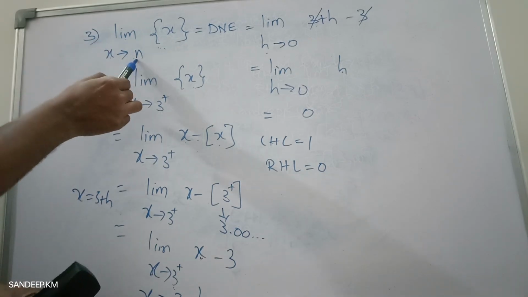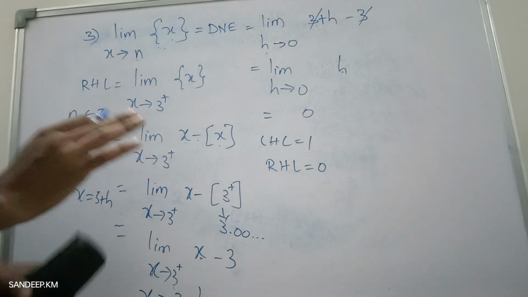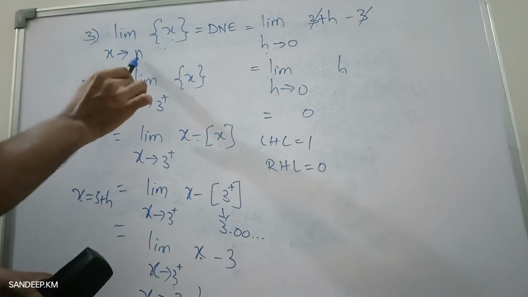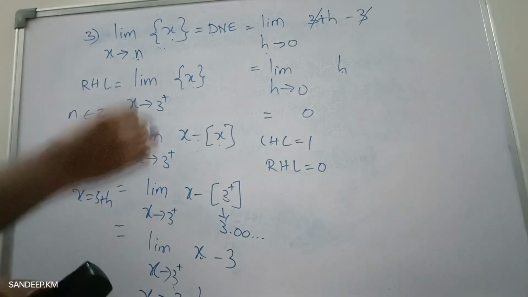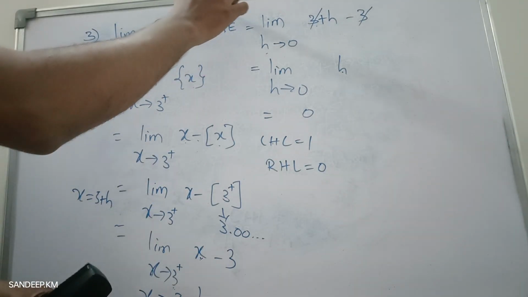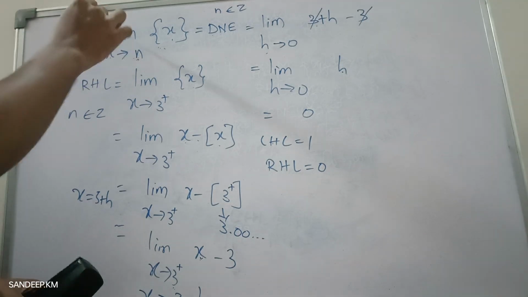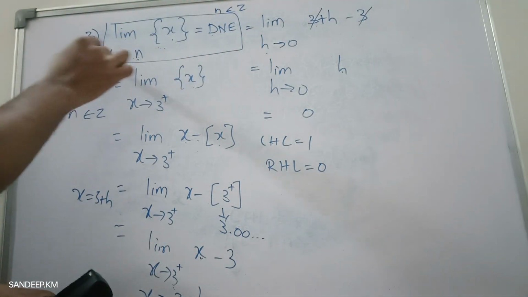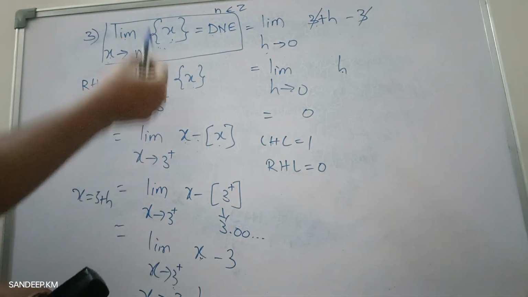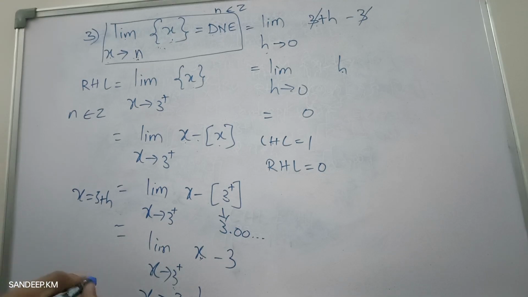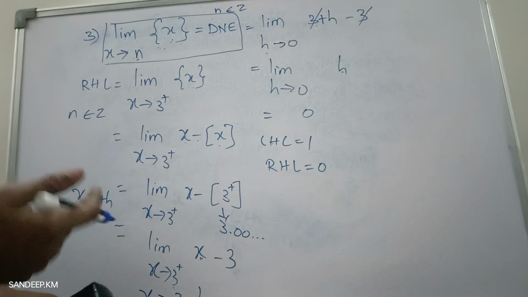Limit x approaches n of the fractional part of x does not exist if n is an integer. Are you understanding this? Remember this. It is true for the fractional part of x and it is also true for step x. We might be using these results in some other problems.